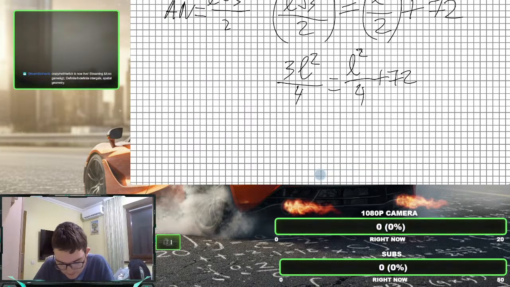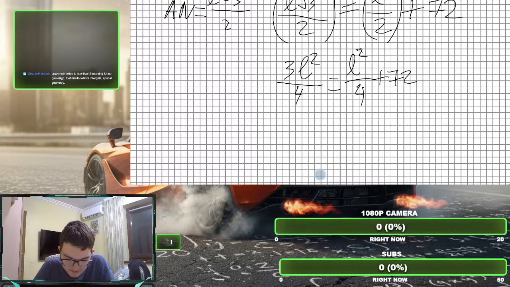What is this, man? Hold up. When you move L to the second power divided by 4 to the left, you have to change the sign, and in this way you'll cancel L to the second power, which is not what you want, because you want to find L to the second power.